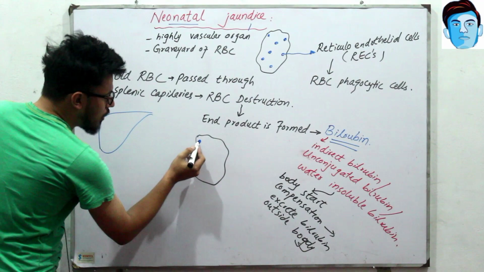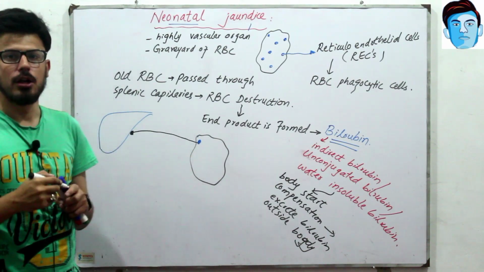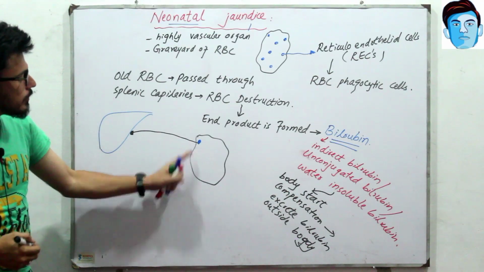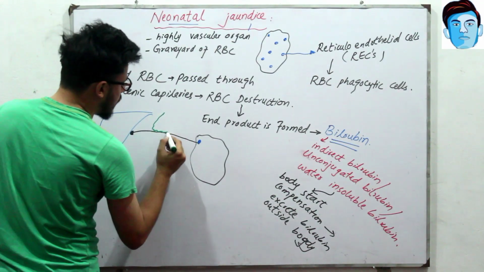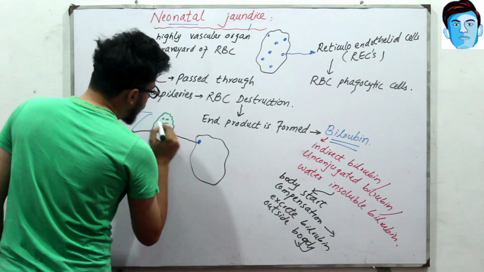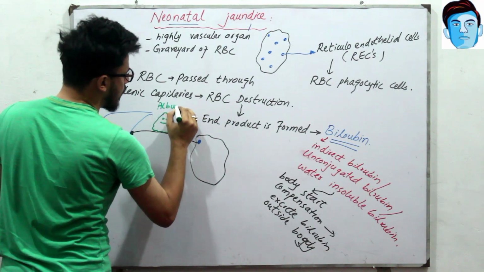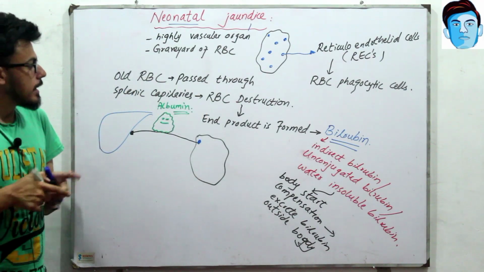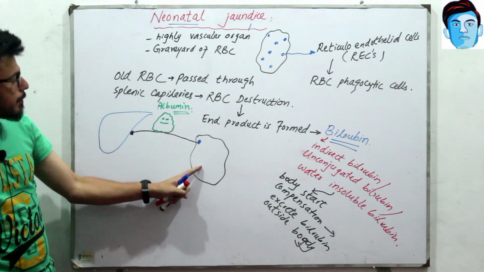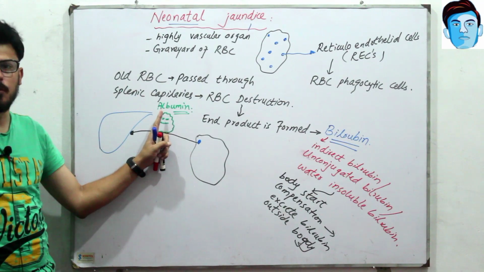The transportation of this bilirubin from the spleen to the liver is not independent. When this bilirubin gets transferred from the spleen to the liver, it requires a specific protein. This is a very important point. It requires a protein that is called albumin.